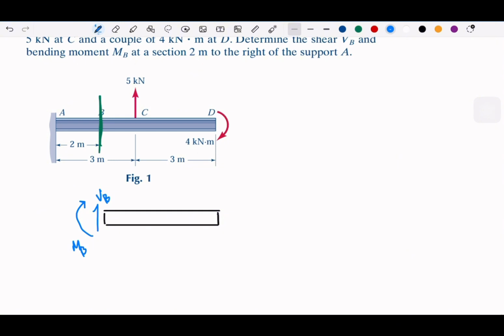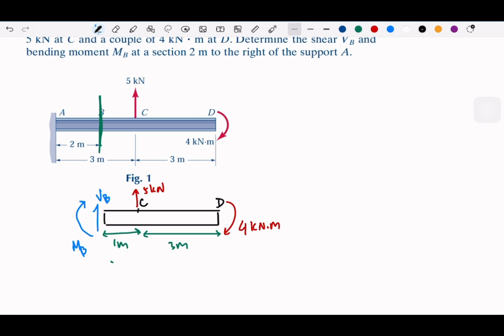So I think we can apply. So this is at B, this is C, this is D. This is the moment. We have the 5 kilonewton, and then we have all the distances: this is 1 meter, and this is going to be 3 meter.